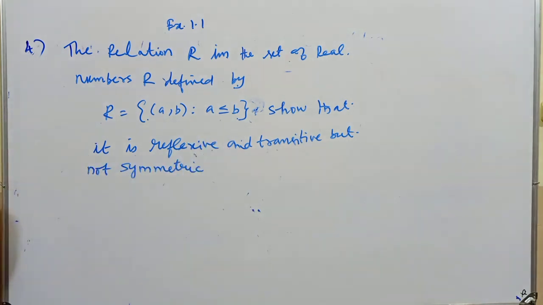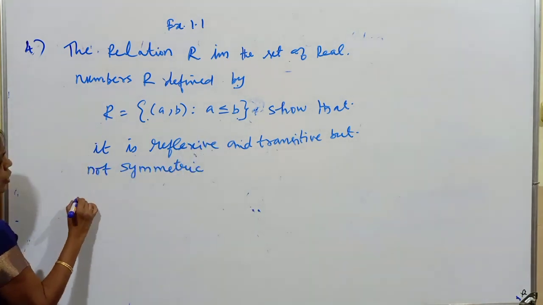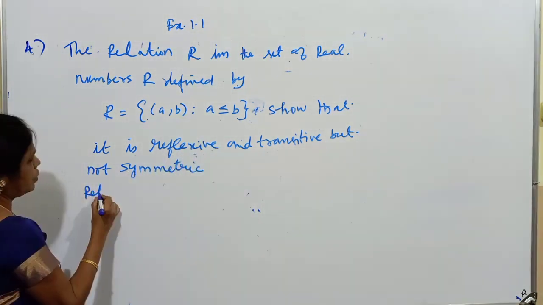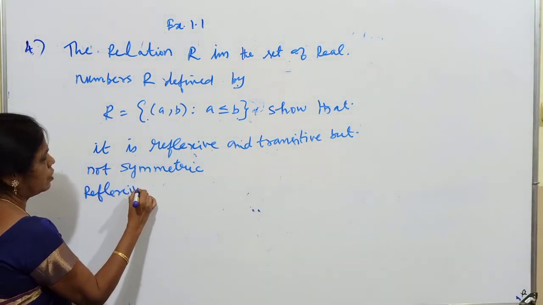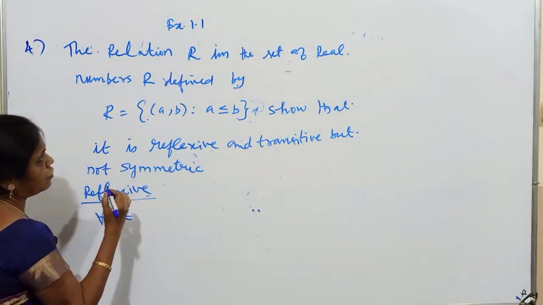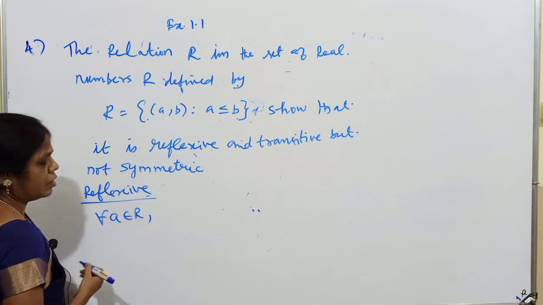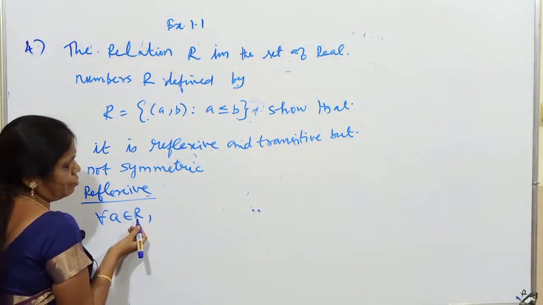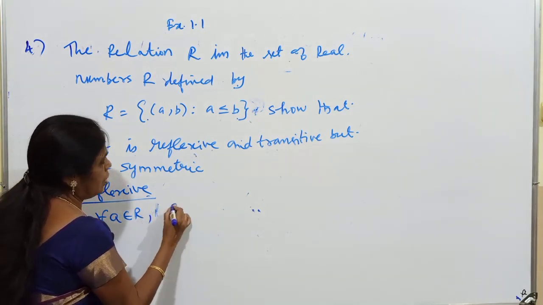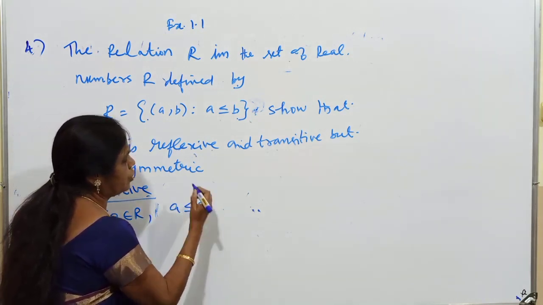Right. Now what is that? It is reflexive and transitive. Reflexive: for all a belongs to the set of real numbers, a is less than or equal to a.